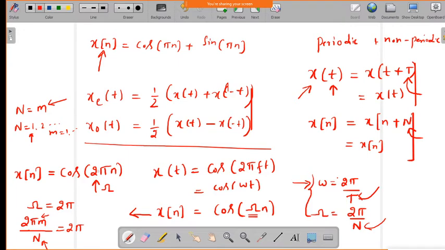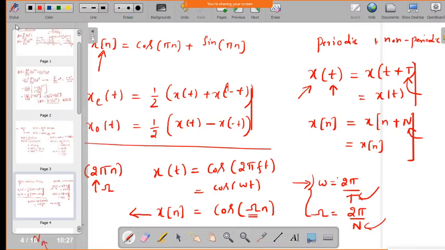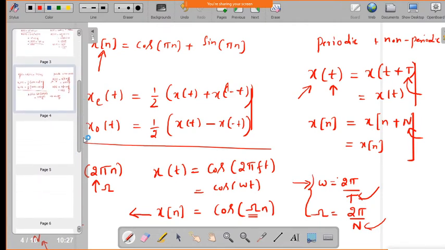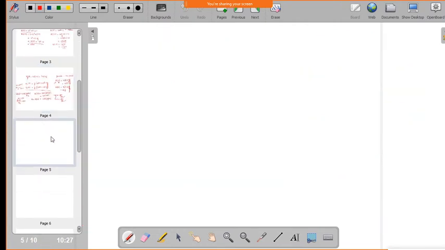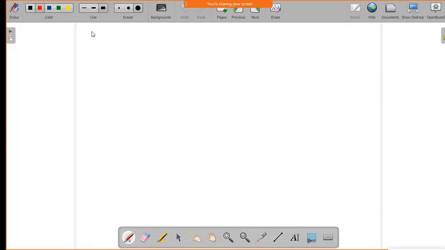Now if I take another, different kind of example, say x(n) = cos(5πn/2).